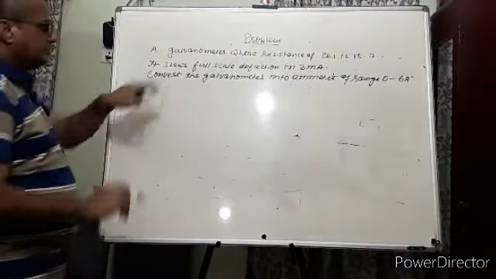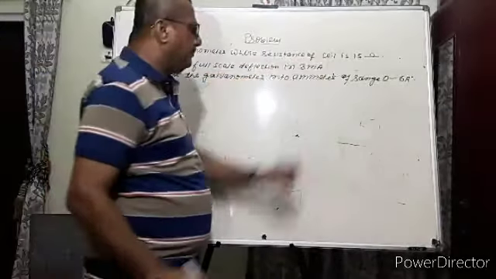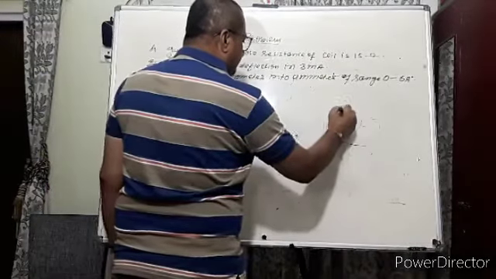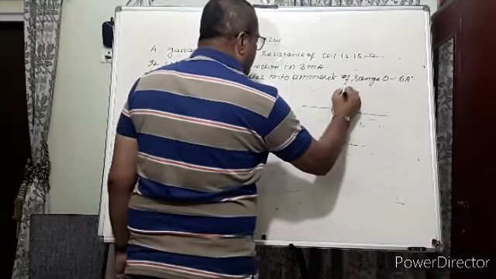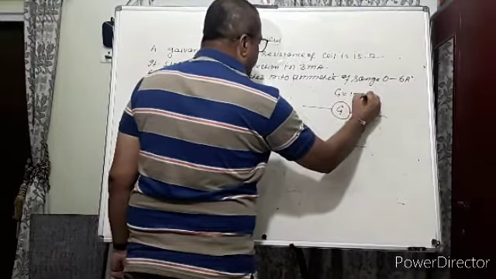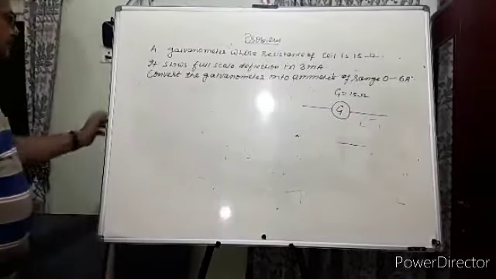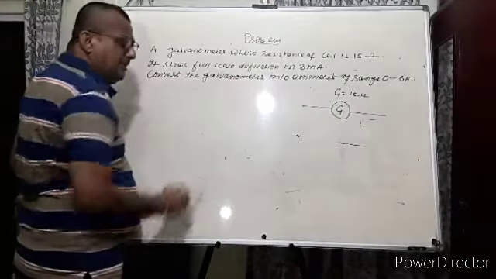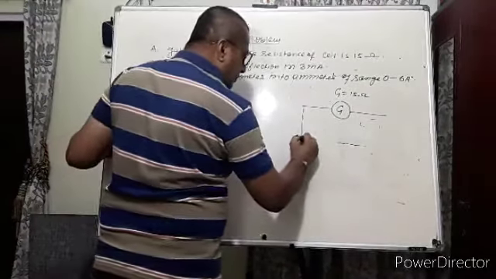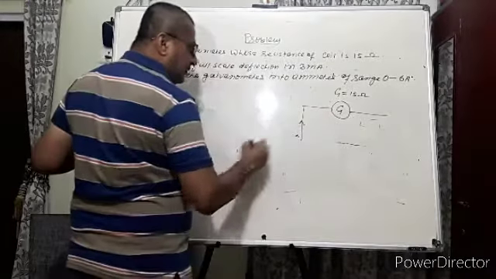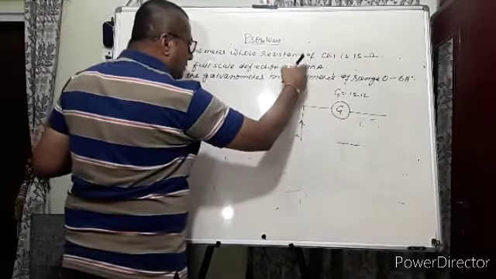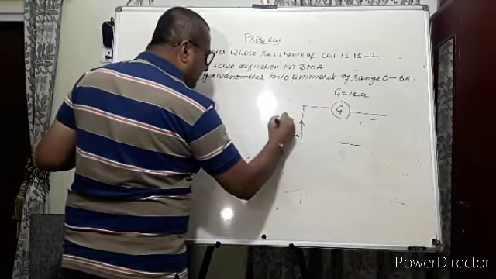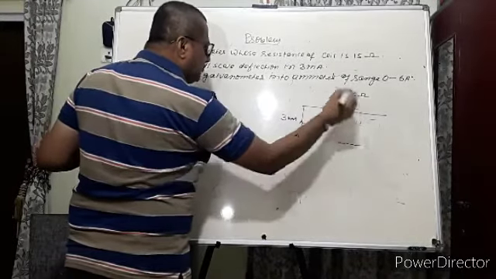A galvanometer whose resistance is 15 ohm, this is the galvanometer, means G equal to 15 ohm. It shows full scale deflection at 3 milliampere, meaning when a current of 3 milliampere passes through the galvanometer, it shows full scale deflection.